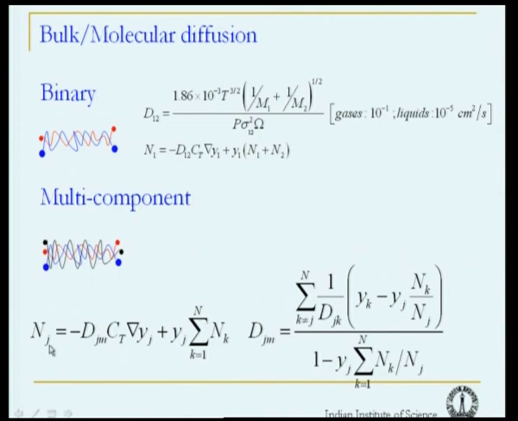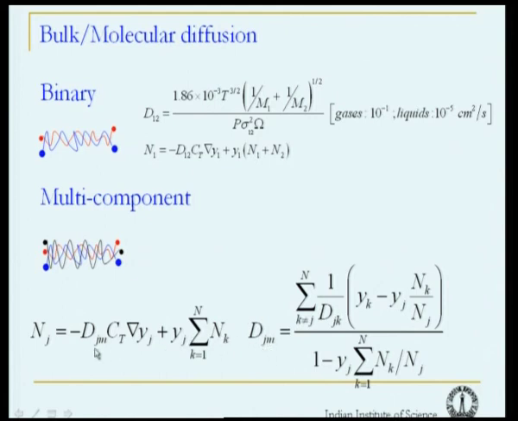So, if you are looking at the jth species, then the flux of the species Nj is given by the effective diffusion coefficient of j in the mixture, and that is why we call it DJM. It is of course the Fickian, molecular diffusion equation, concentration gradient multiplied by diffusion coefficient, plus the flux due to the bulk motion of the fluid.